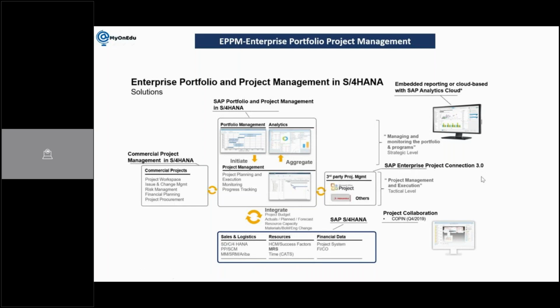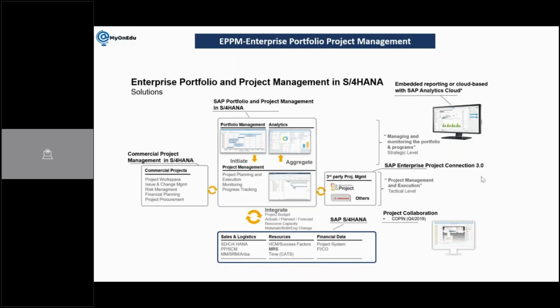The EPC roadmap SAP has, we'll discuss in upcoming sessions. But as of now, to understand the entire SAP EPPM, these are the four major modules. First is project system, PS. Second is PPM, portfolio and project management. Third is CPM, commercial project management. And fourth is EPC, enterprise project connection.